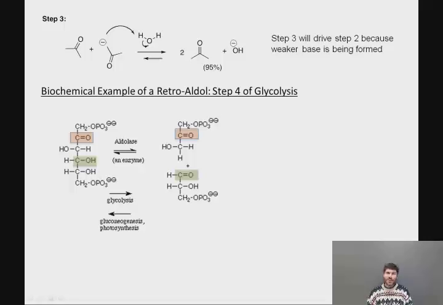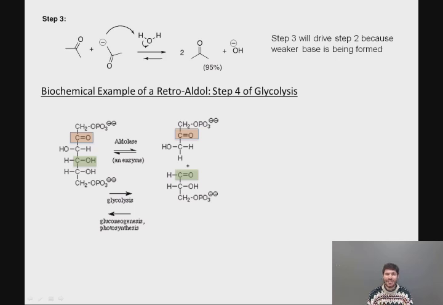A retro aldol takes place every time you break down a molecule of sugar in the digestion of your food. So step 4 of glycolysis, remember glycolysis is 10 steps through which you take glucose and convert it into 2 molecules of pyruvate. Glucose is a 6-carbon molecule, pyruvate is a 3-carbon molecule, so somewhere in the middle of that you have to break this 6-carbon molecule into 2 3-carbon molecules.